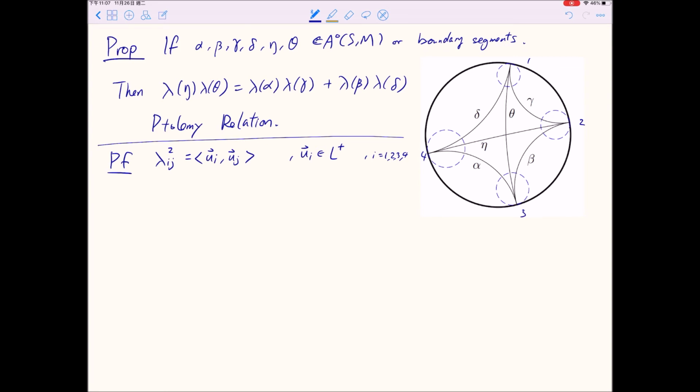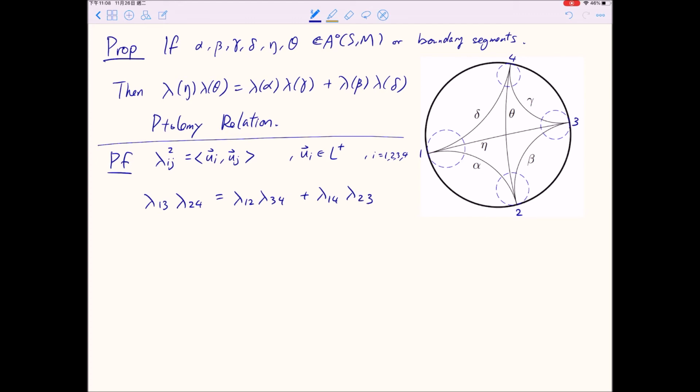Then the above Ptolemy relation rewritten is lambda 1,3 lambda 2,4 equals lambda 1,2 lambda 3,4 plus lambda 1,4 lambda 2,3, right?